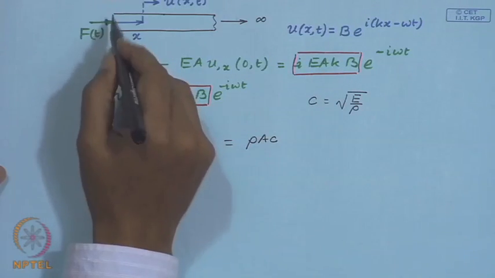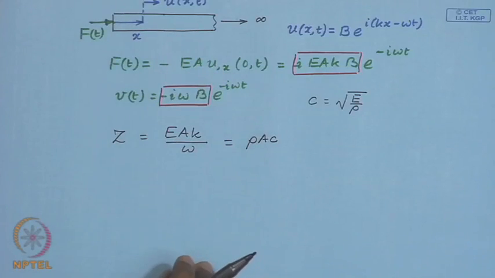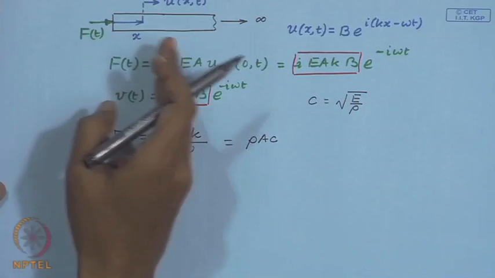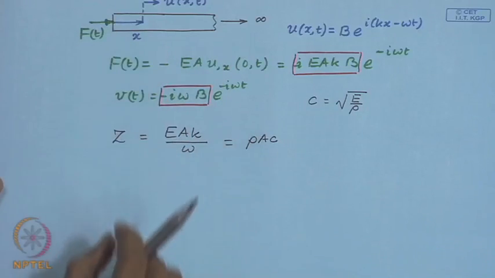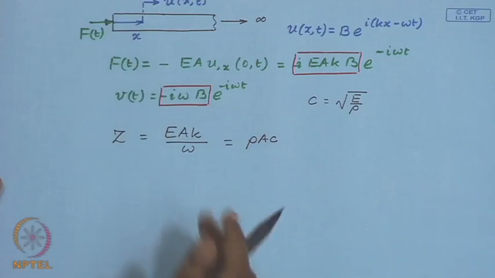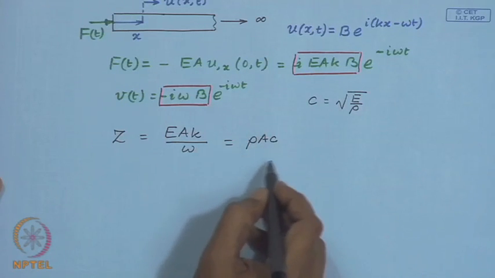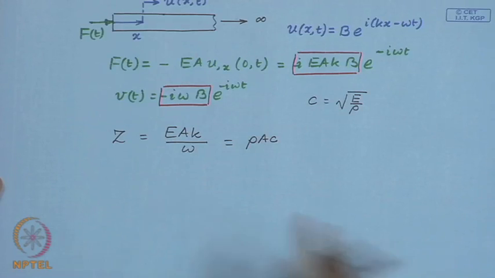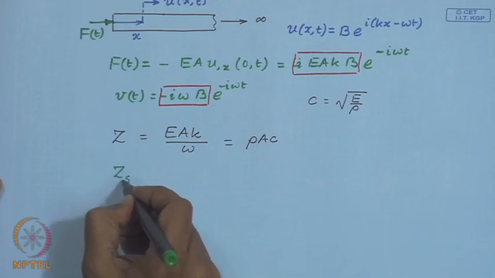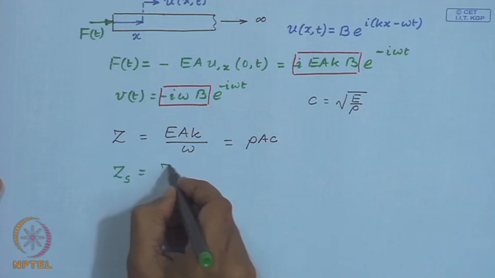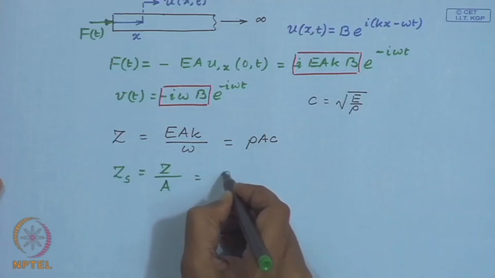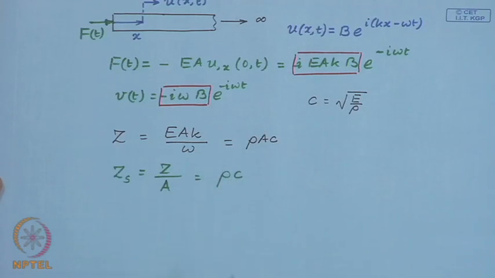Now, in the case of a bar, these are axial waves, and these are essentially pressure or stress waves, and you can define what is known as the specific impedance. So, specific impedance is this impedance over area. So, it is impedance per unit area.